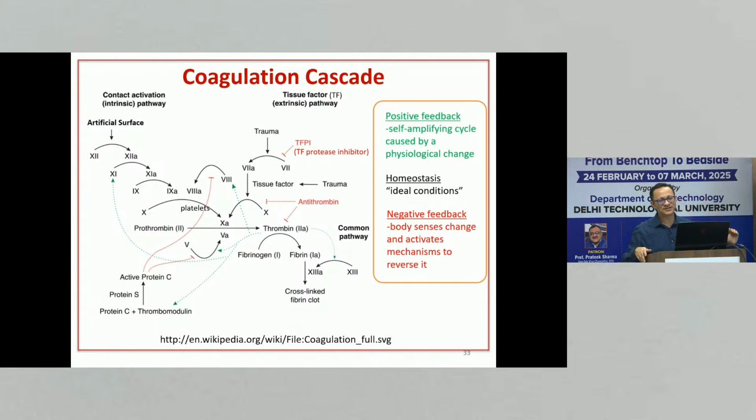I don't expect you to learn this for your exam, okay? Because if I don't look at it for a few weeks, even I forget. So I cannot expect you to learn it. The point is, this is why it's called coagulation cascade, because it's like a cascade of events happening, and you can see it just gets multiplied so fast. And it makes sense also, because if there is bleeding happening, you want this to happen very fast so that we can just stop that bleeding from happening, right?